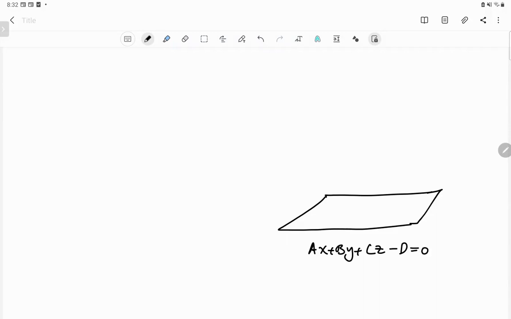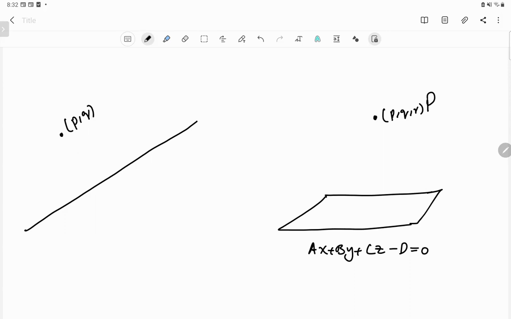I've brought everything on the left hand side, right? And the point whose distance from the plane we want to calculate is this point P, Q, R, represented by capital P. But before I quote any formula, I want you to refresh your knowledge of your coordinate geometry.